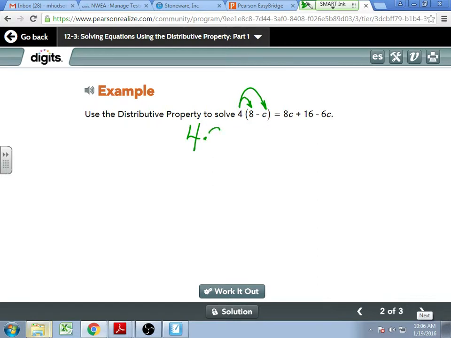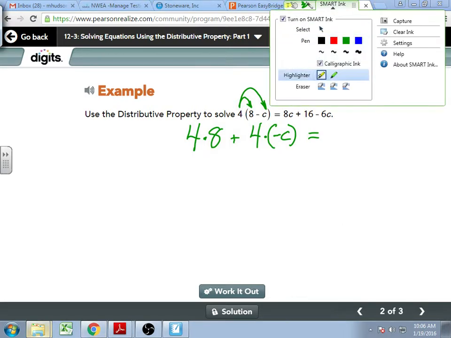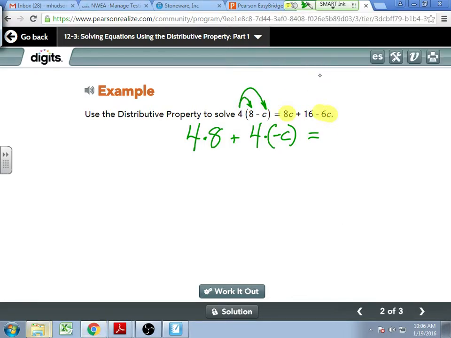I'm going to write this out. 4 times 8, plus 4 times negative C, equals my 8C. And actually, I'm going to combine on my right side. I'm going to do a little simplification. 8C minus 6C. How many C's do I really have on the right side? 2. So we have 2C plus 16. Now I'm going to simplify my left side.